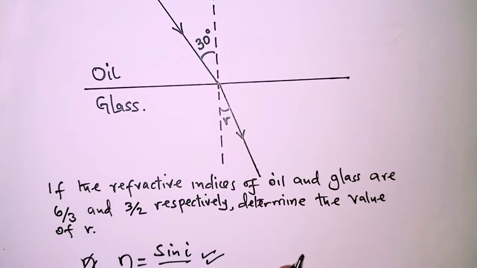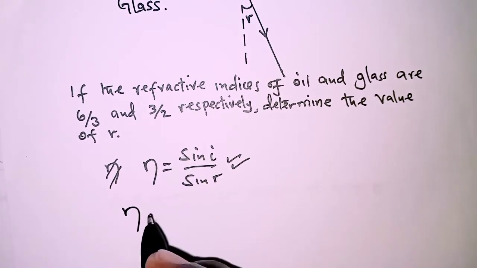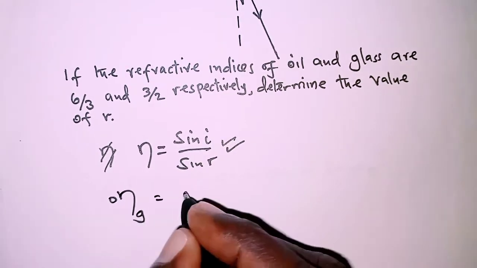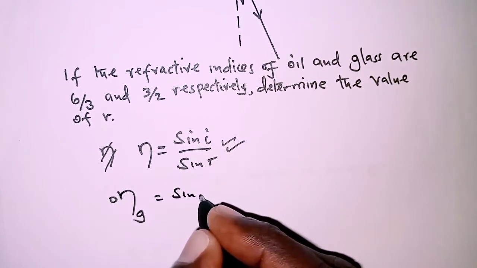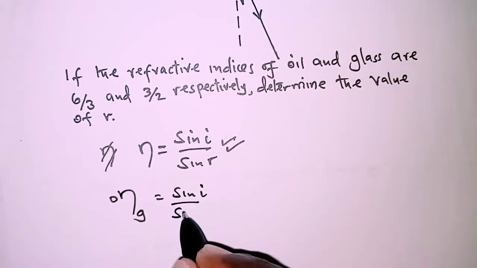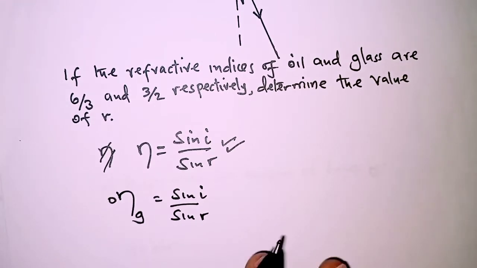So we are simply going to have the refractive index of glass with respect to oil. That means light is traveling from oil to glass, and that is given by sine of I for angle of incidence over sine of R for angle of refraction.